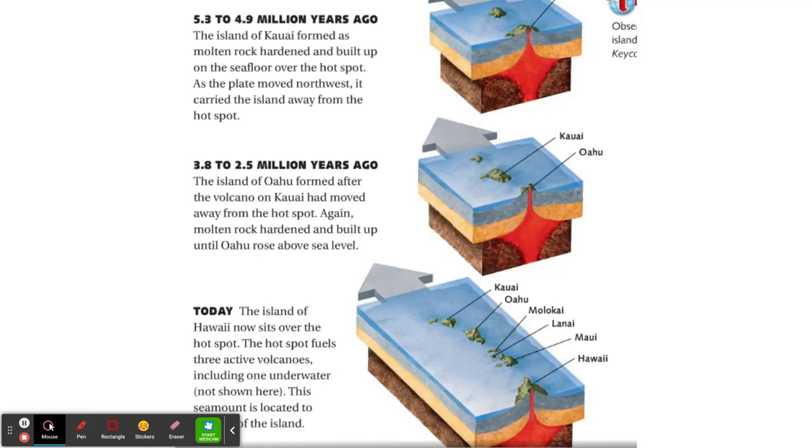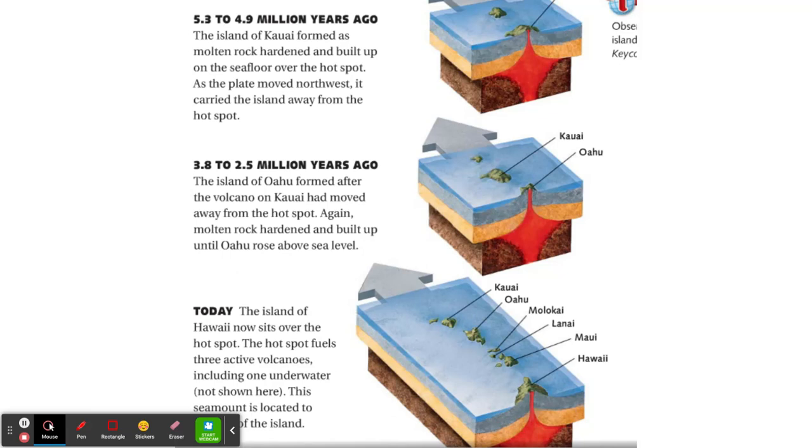Here's what's happened. Between about 5.3 and 4.9 million years ago, the island of Kauai formed over the hotspot. So molten magma bubbled up, reached the surface, solidified, and formed the island of Kauai. But that plate that was sitting over the hotspot kept moving northwest, and as it did, it moved the island off the hotspot, so Kauai stopped forming.